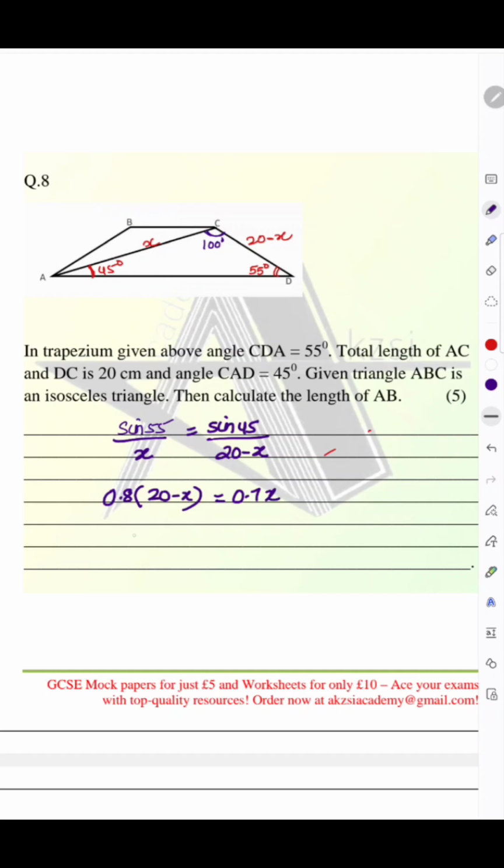So this will give you 16 minus 0.8x equals 0.7x. 16 equals 1.5x, and x equals 16 over 1.5, which we are giving nearly up to 1 decimal place. So up to 1 decimal place it's going to be 10.7.